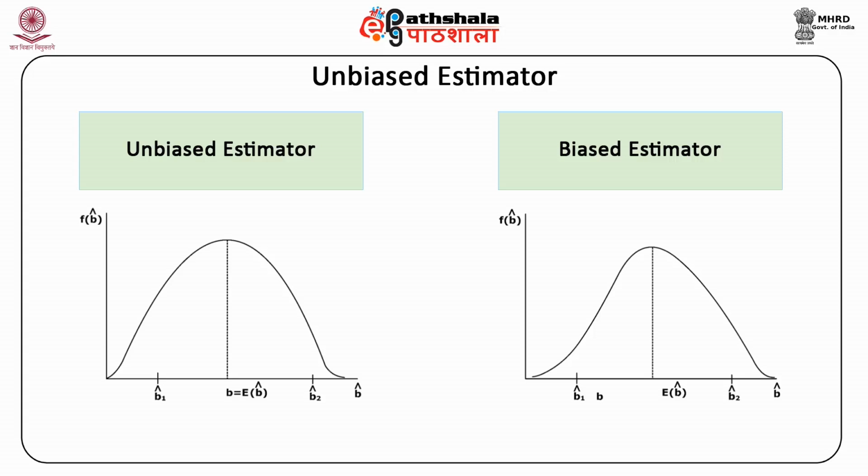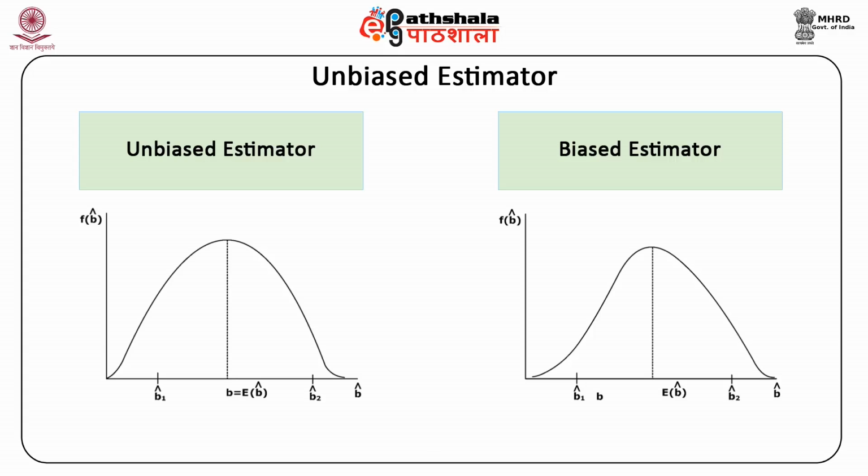As can be seen, B1 hat is closer to B than the unbiased estimator B2 hat. But this is a matter of chance. In any case, when it is biased, it is not centered on the parameter value.